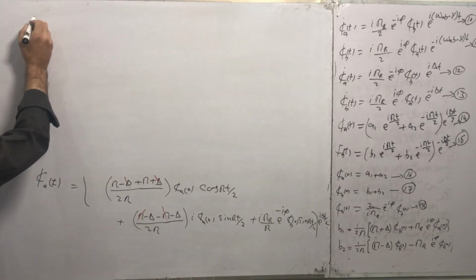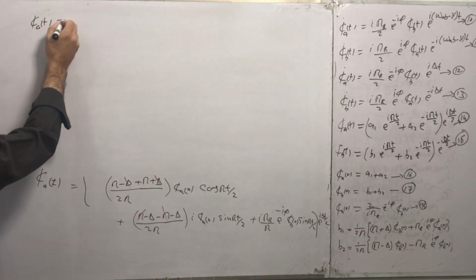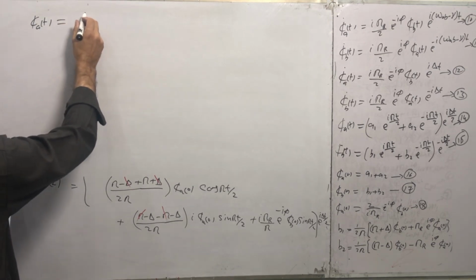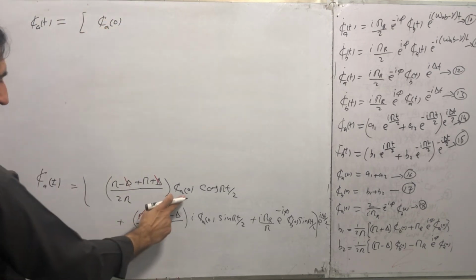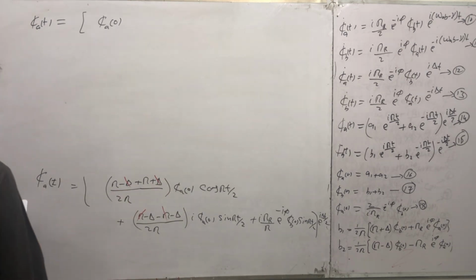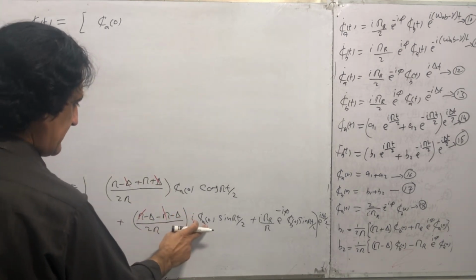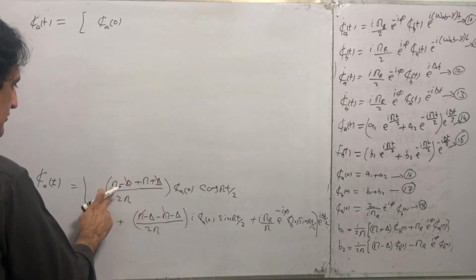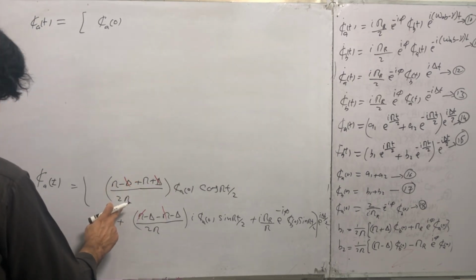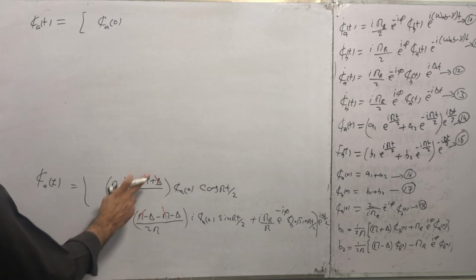So the final equation of C_A(t) will be equal to C_A(0) times this thing, and because we have C_A here and C_A here, and also 2ω here and 2ω here, this will be cancelled out.